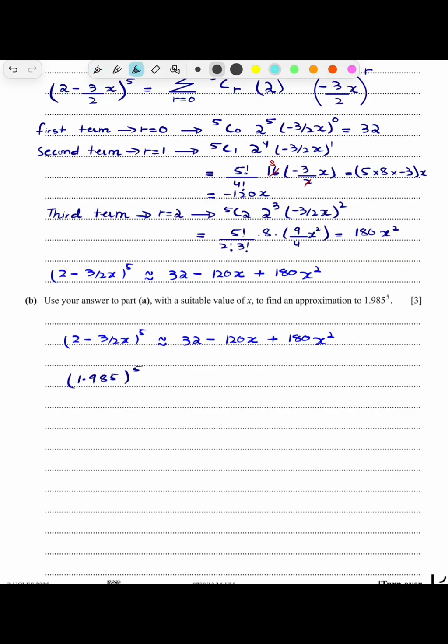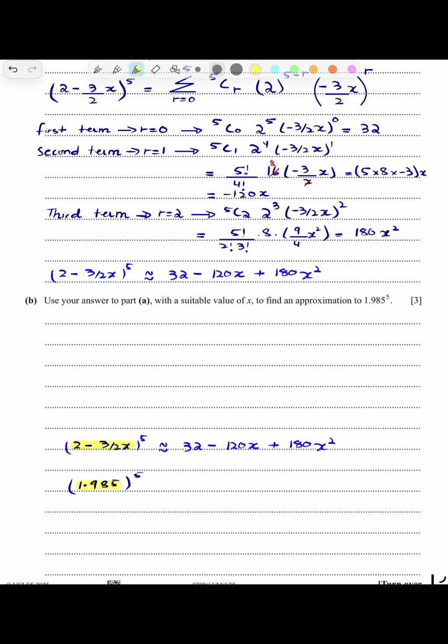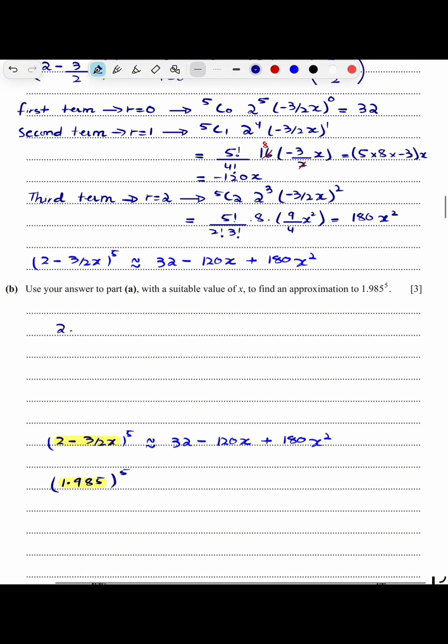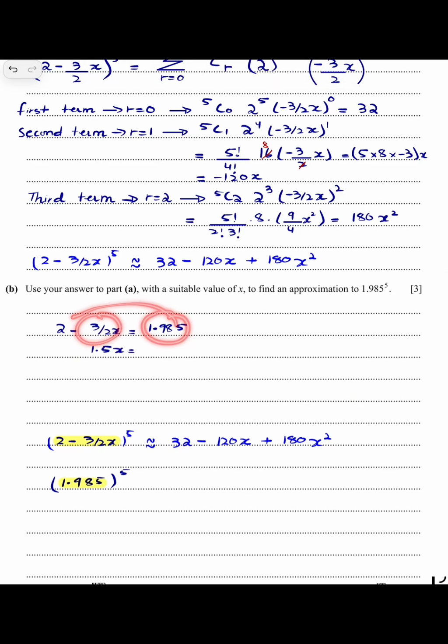Okay, so basically what we should do is equate this with that. Okay, so let's equate them and see. So we get 2 minus 3 over 2x is equal to 1.985. This becomes 1.5x because I'm taking this on the right side and taking this over to the left side.